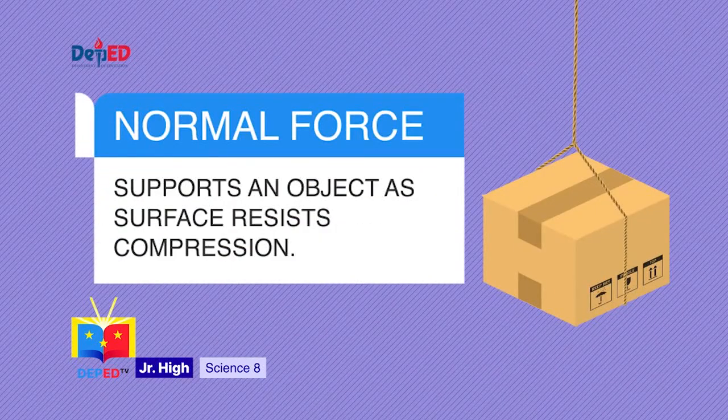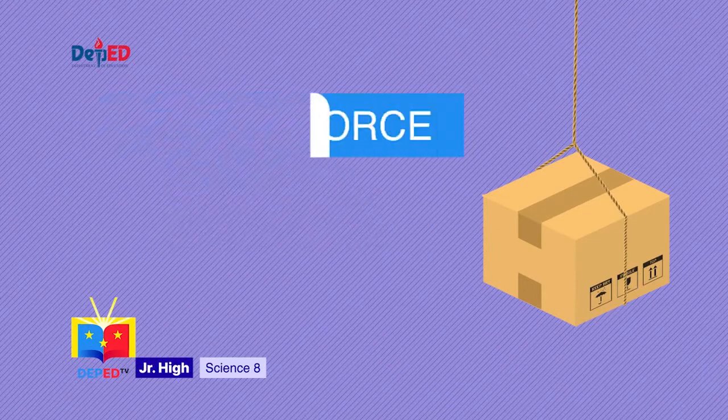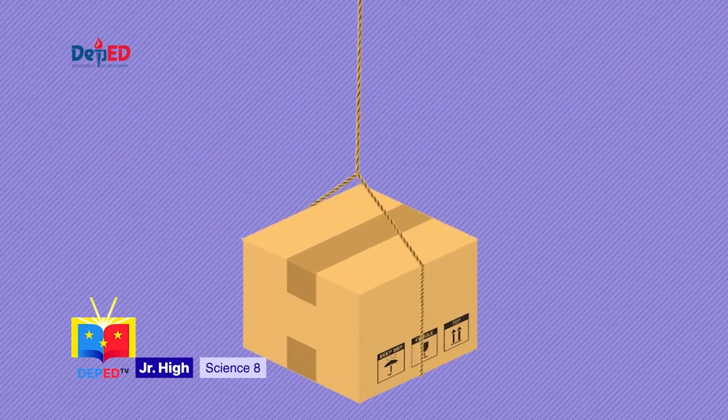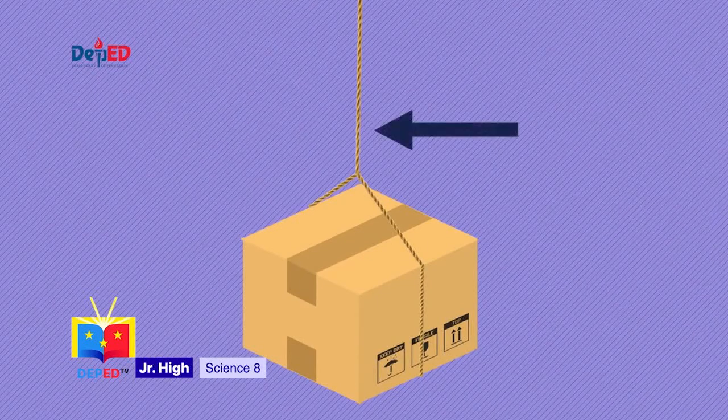If the normal force supports an object as a surface resists compression, the tension force resists force that causes objects to stretch. Let's take as example when we hang a box using a rope. The rope applies force to the box, which makes it resist being stretched out.